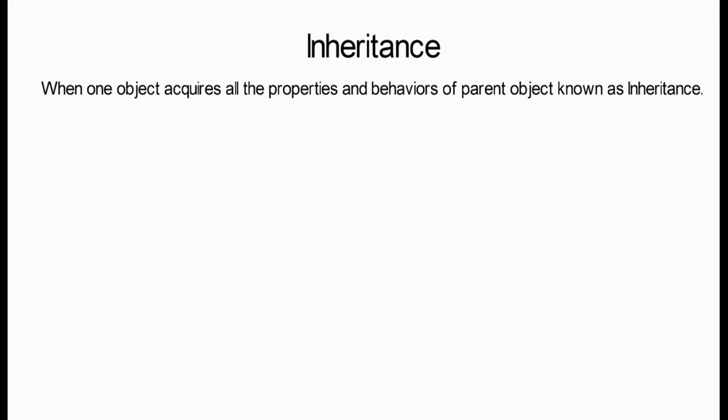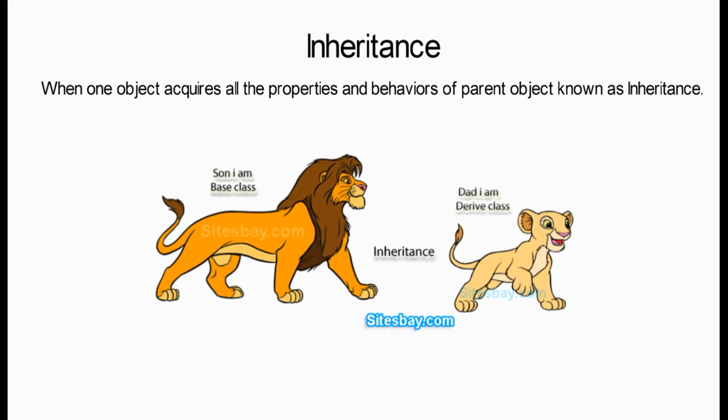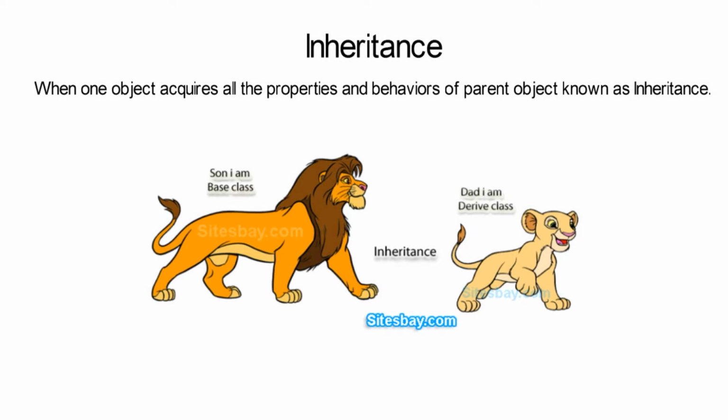We call the parent object the base class and the child object the derived class. This provides code reusability. Later on you can understand it deeply.